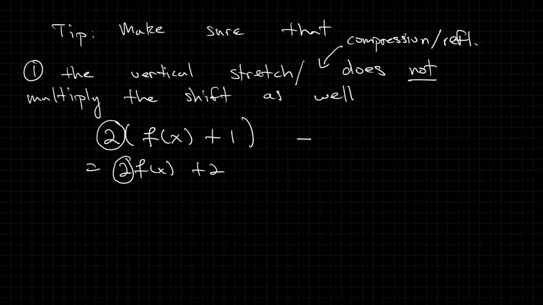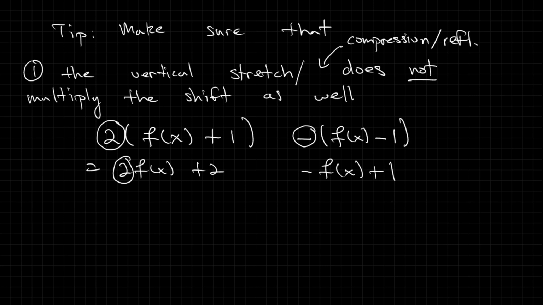For example, if you had negative f of x minus 1, well, you have a reflection multiplying both f and the shift. That is not the form that you want. We're going to go ahead and distribute that negative, so we get negative f of x plus 1.